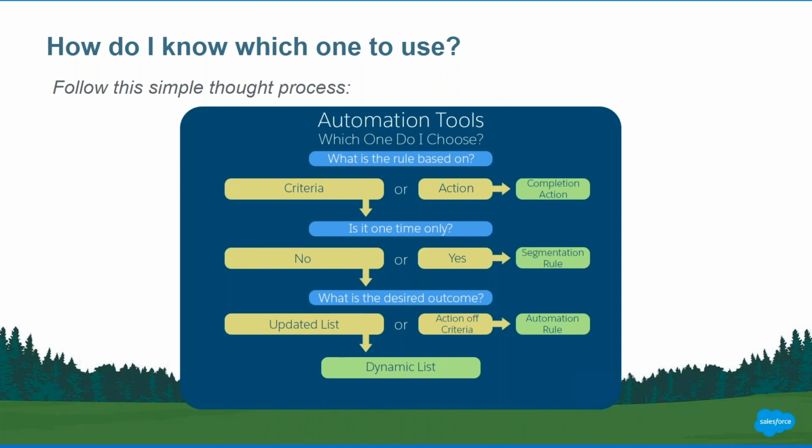So if that's where you are in the thought process, you just choose a segmentation rule. If it's a criteria-based process and it doesn't run one time only, then the next thing you should ask yourself is: what do I actually want to happen with that automation? If your main goal is to just have an updated list that's based on the criteria, then you use a dynamic list, as I mentioned.